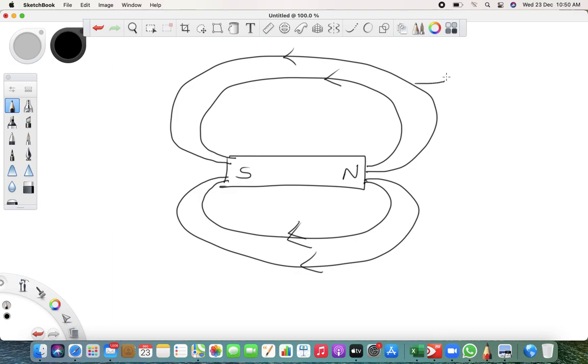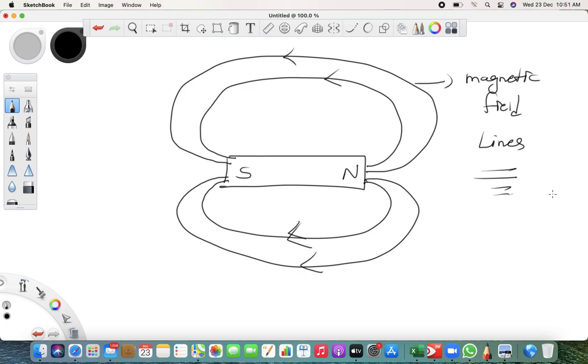These lines we call magnetic field lines. What is the rule of a magnetic field line? It comes out of the north pole and goes into the south pole.